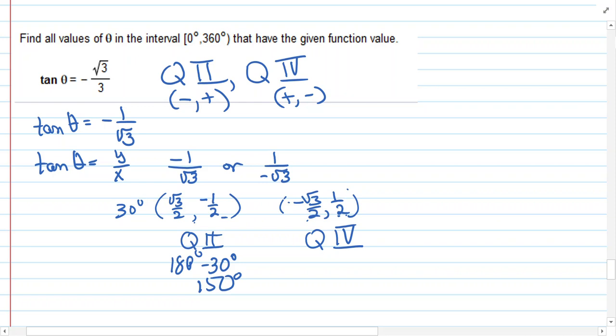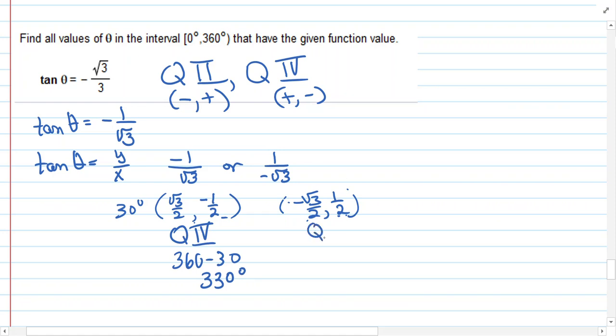And this is quadrant 3. You can tell it's almost the last problem and I'm making serious errors. This is quadrant 4. And that would be 360 minus 30, 330 degrees.